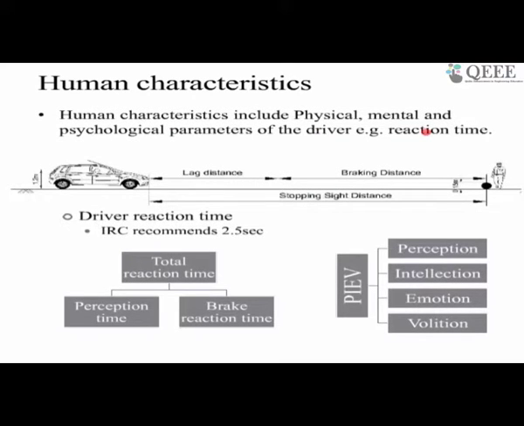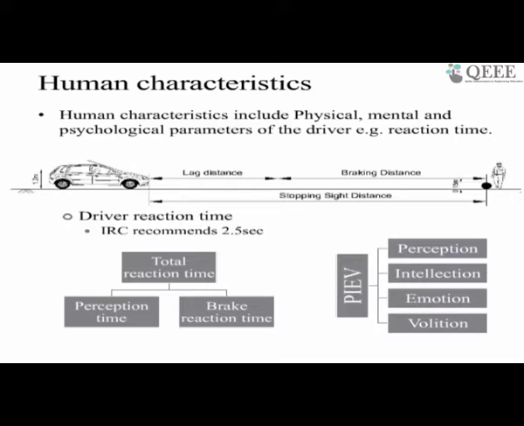Now the human characteristic is also there, because the human is driving the vehicle. In this figure, if there is an object and the vehicle needs to stop, the vehicle needs to react to that, and whenever it is reacting, definitely there is a human characteristic. We call it PIEV, which is perception, intellection, emotion, and volition.